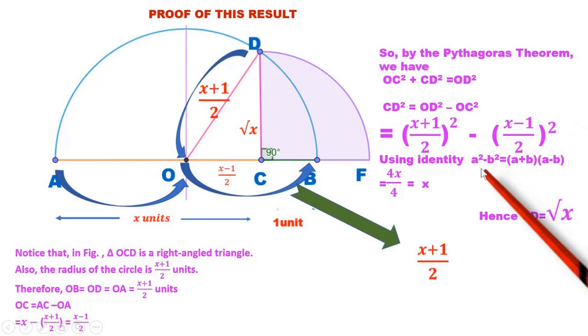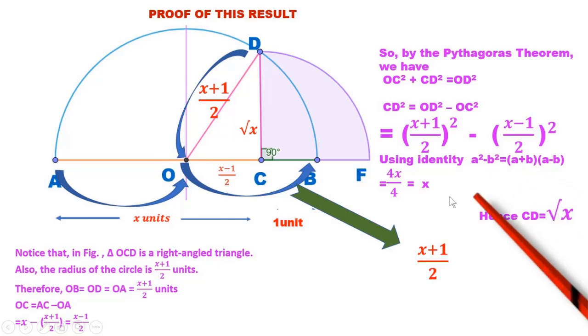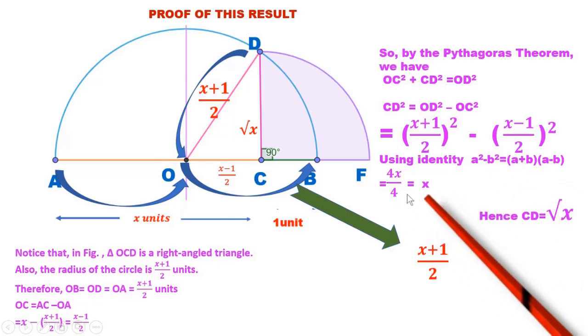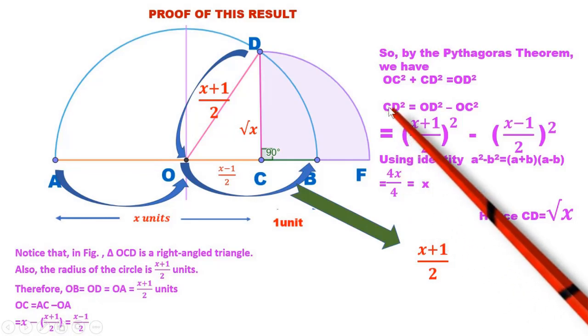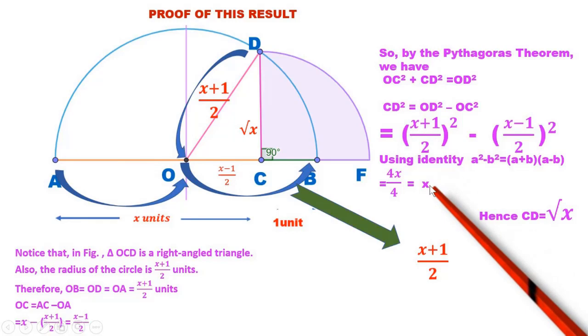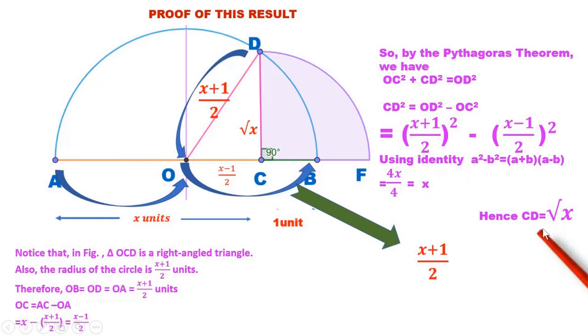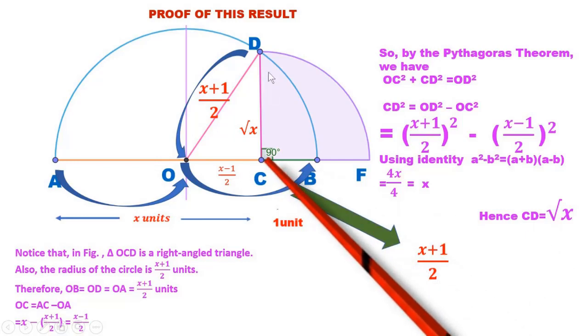While applying the identity a squared minus b squared is equal to (a plus b) into (a minus b), you will arrive at the result 4x by 4 is equal to x. Now, CD squared is equal to x. Therefore, CD is equal to root x. Thus, we obtain the length of CD equal to root x.